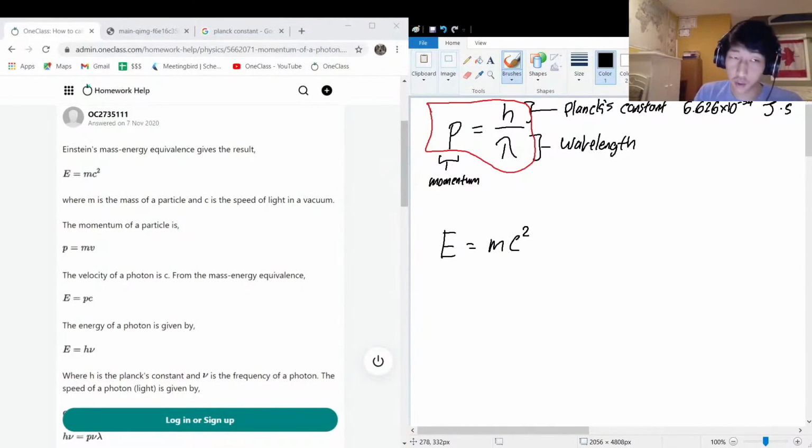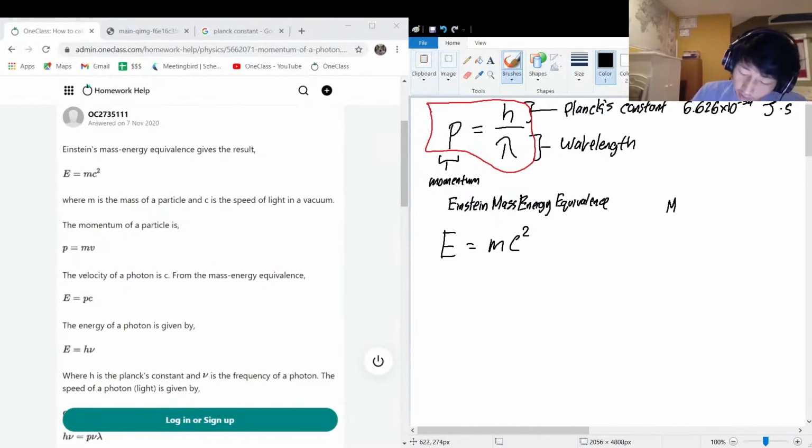This is mass energy equivalence. Thanks Einstein for figuring that out. It's a pretty cool equation.